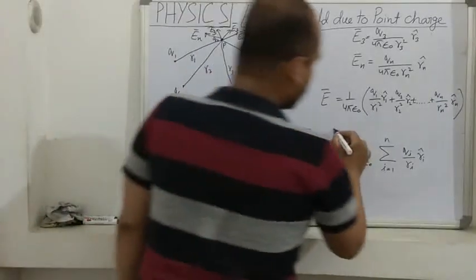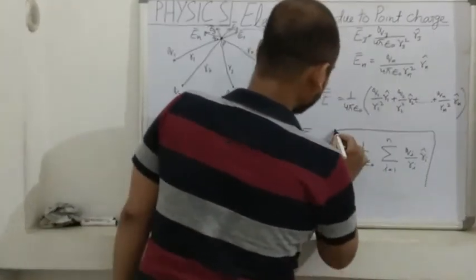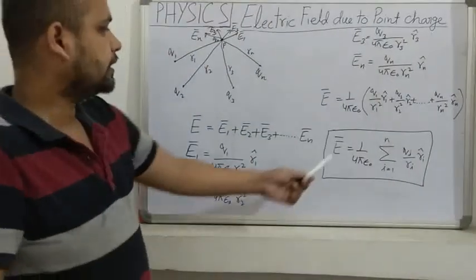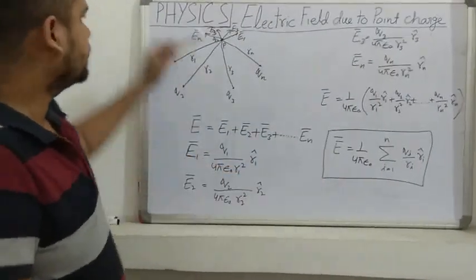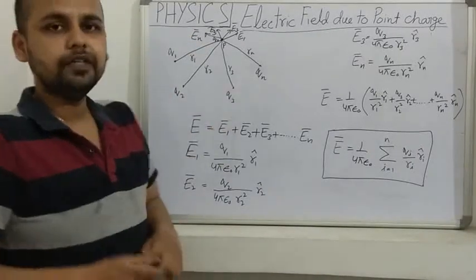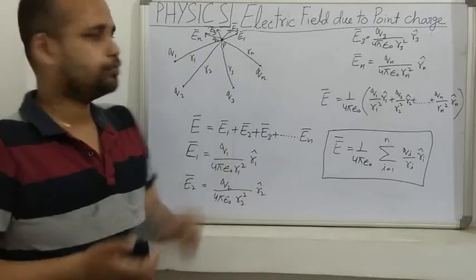Okay, so this will be your net electric field E at a point P due to n number of discrete point charges.